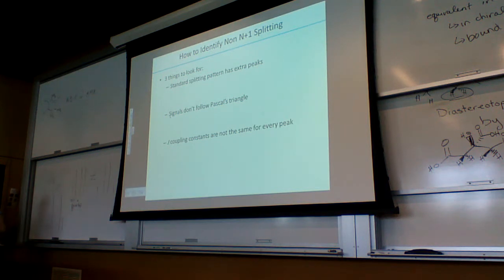This is actually kind of similar to what the citric acid looks like, because the distance between these 2 peaks and the distance between these 2 peaks is not the same. So if these 2 signals are not the same, then it is not a standard splitting pattern.